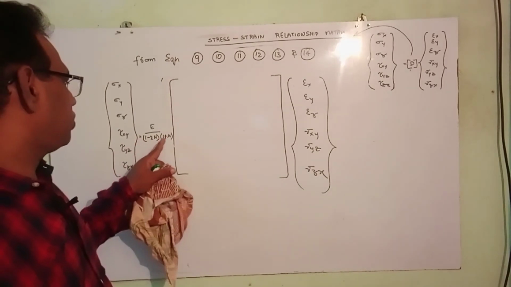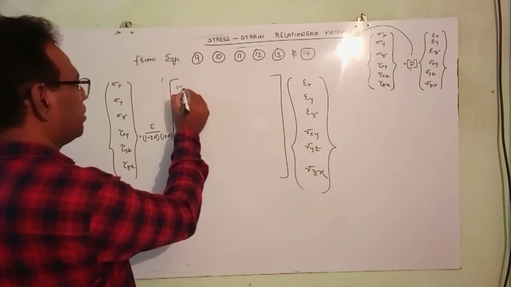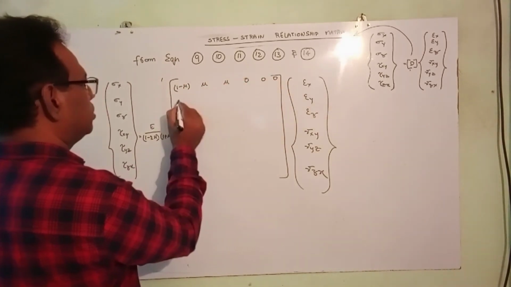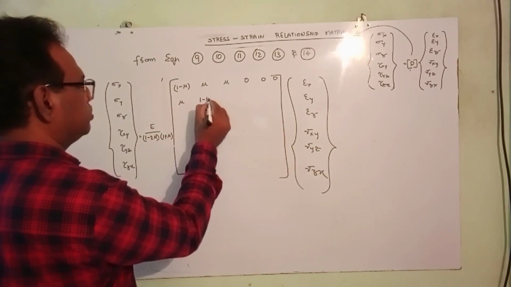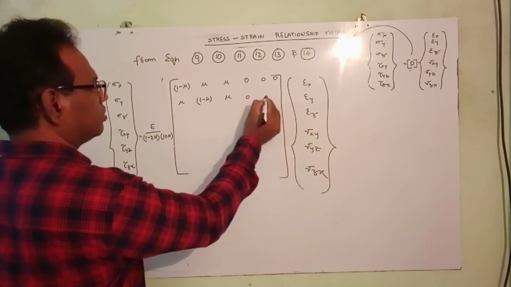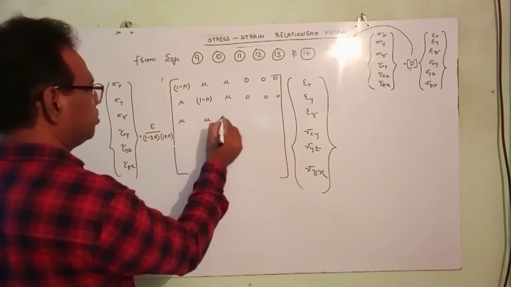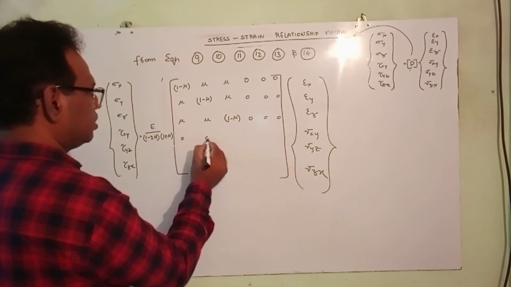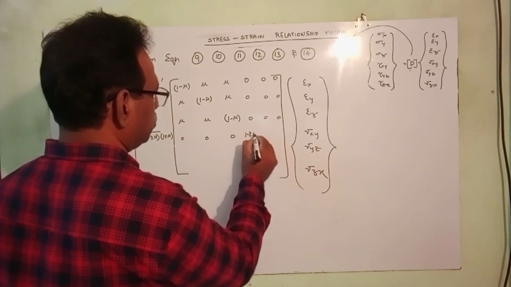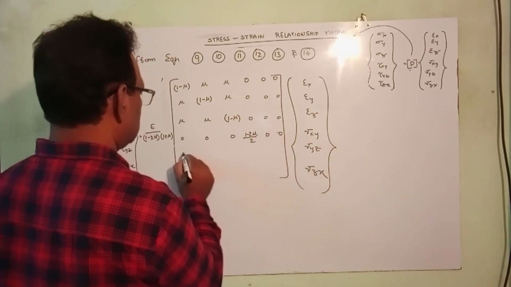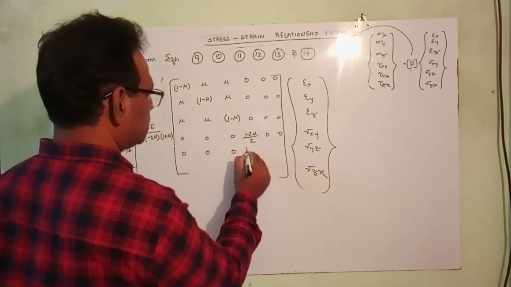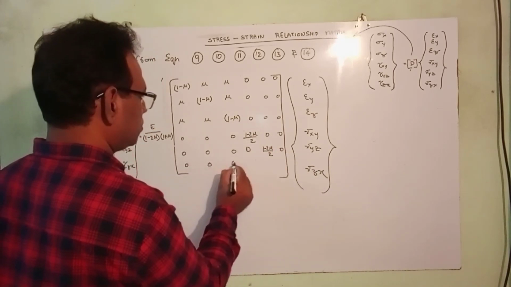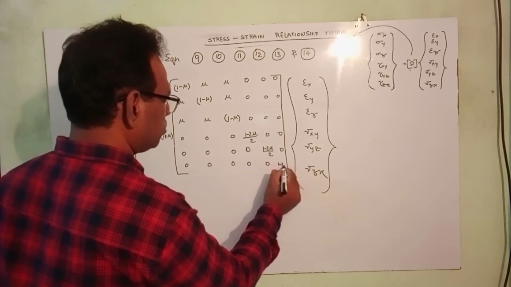E by (1 minus 2 mu) into (1 plus mu), and this is 1 minus mu, mu and mu, 0 0 0; mu, 1 minus mu and mu, 0 0 0; mu, mu, 1 minus mu, 0 0 0; and then 0 0 0, (1 minus 2 mu) by 2, 0 0; 0 0 0 0, (1 minus 2 mu) by 2, 0; 0 0 0 0 0, (1 minus 2 mu) by 2.